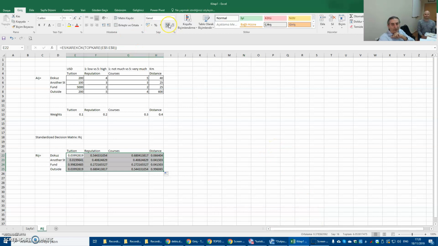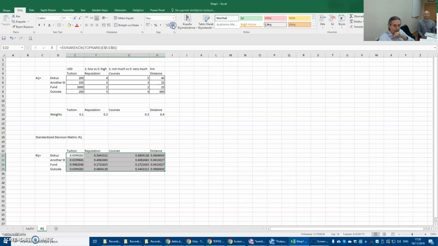So, to make it more readable, reduce the decimal points, okay? So, to make it more readable, center it.